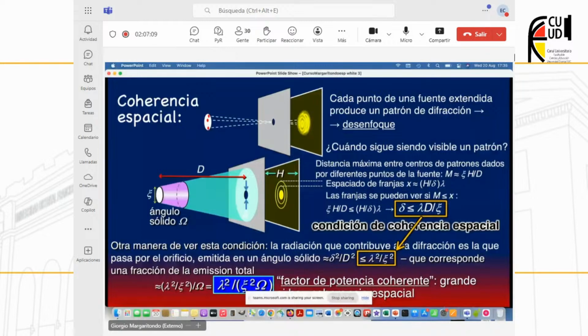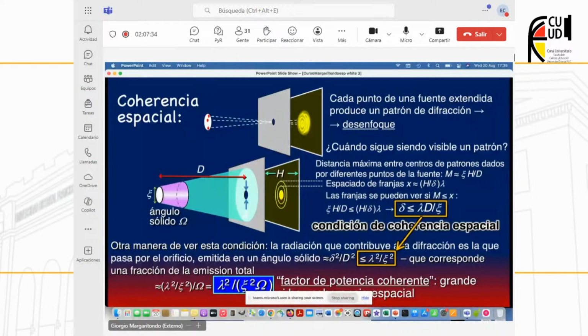And so this is called the coherent power factor. If it is big, then there is spatial coherence. So now we have the two conditions refined for time and space coherence: the coherence length on one side and the coherent power on the other side.